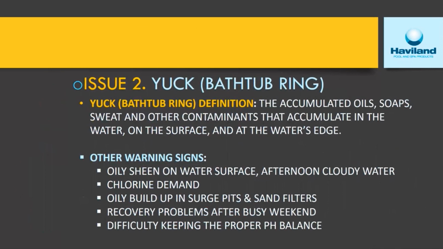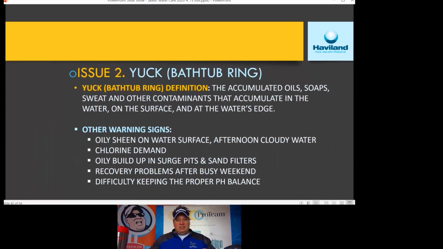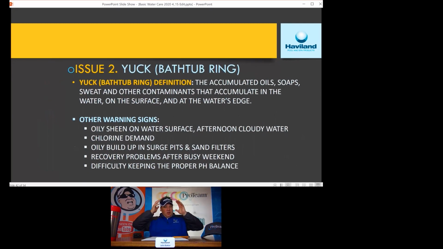Where do you think all that stuff goes? In the pool. You think Mrs. Jones, with all her hair product and her lotions, all that stuff goes into the water, okay? And so what happens is it rises to the top, right? Sticks along that water line and gives you that brown, sticky, gross yuck line in the pool.